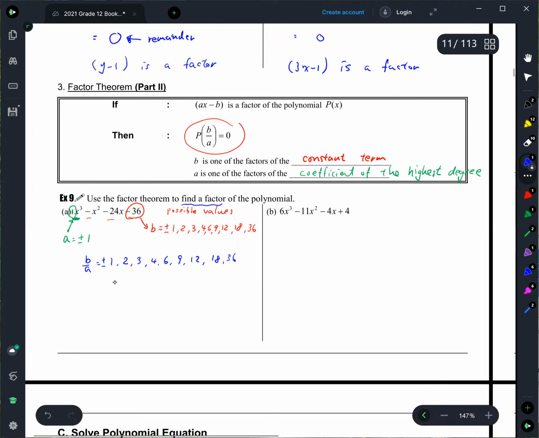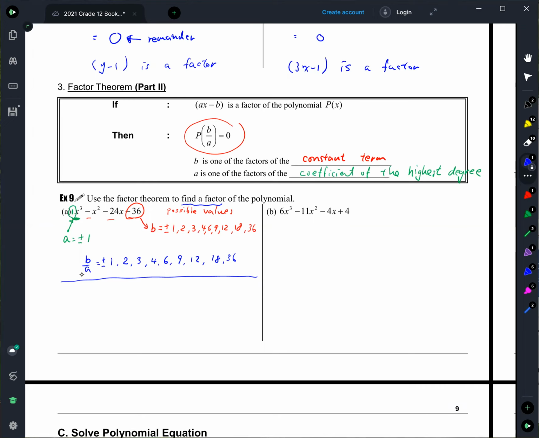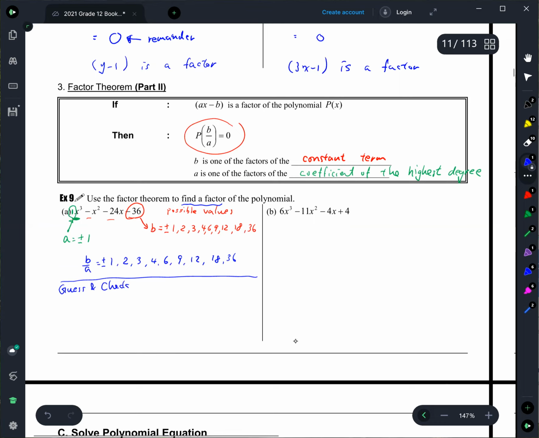Can you raise your hand after you finish writing the list? So now we guess and check.